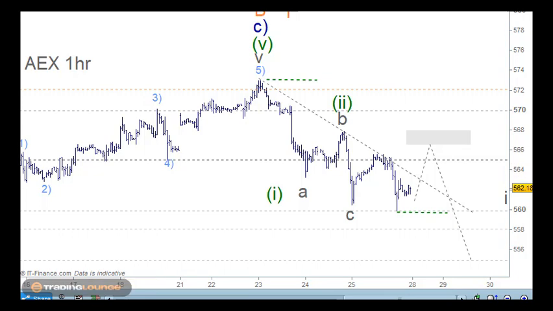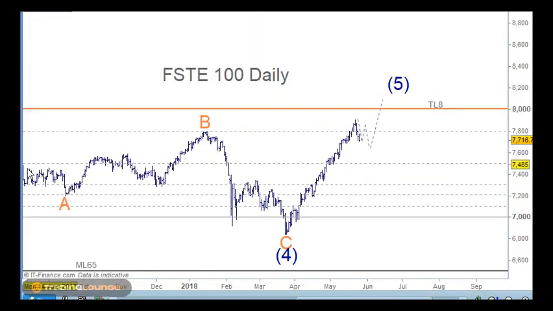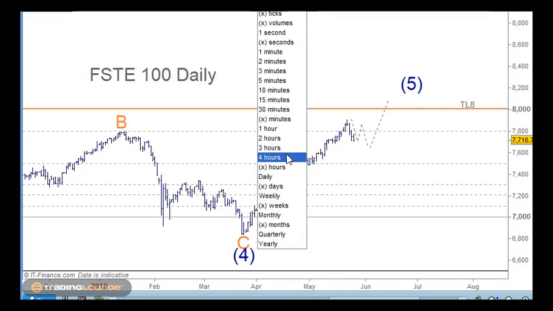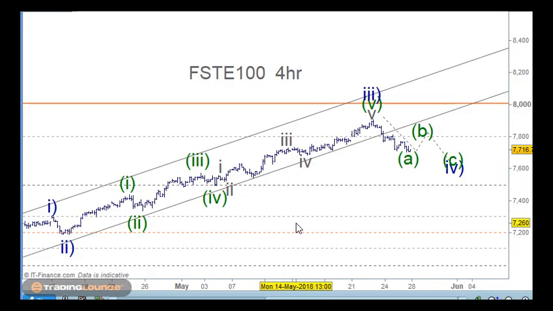The FTSE is doing the same thing as the DAX. It's pulled down through here, but I've got a different count for this move coming up through here. It may be wrong, however, it's been working quite well so far.